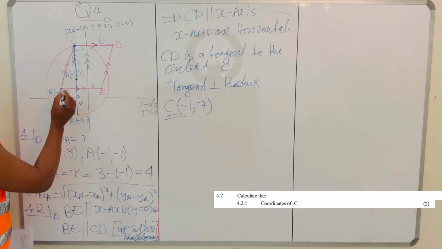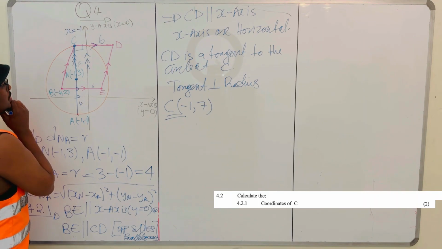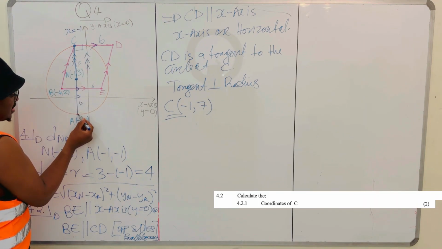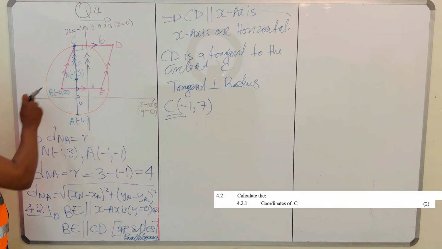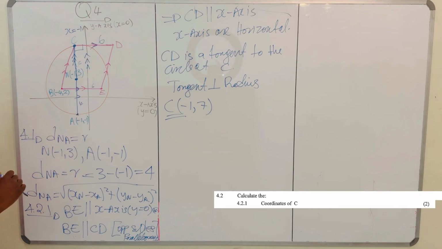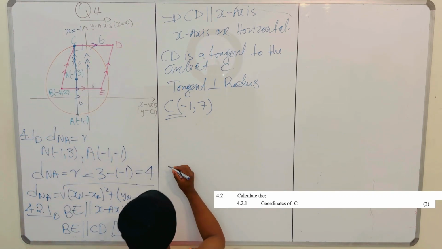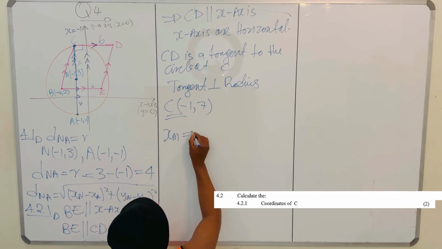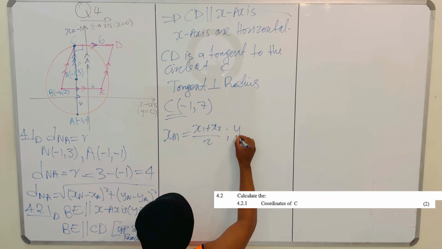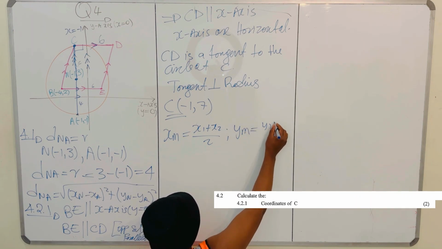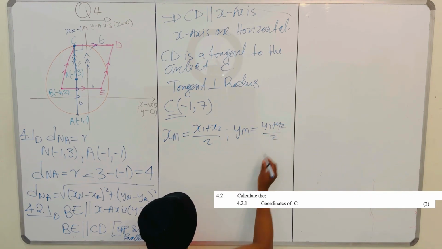So I'll say, okay, I have the x coordinate of the midpoint. I have one of the x coordinates that gave me the midpoint. I want the other point to which N is a midpoint between A and C. You know that the x coordinate of the midpoint is equal to x1 plus x2 all over 2, and the y coordinate of the midpoint is equal to y1 plus y2 all over 2.